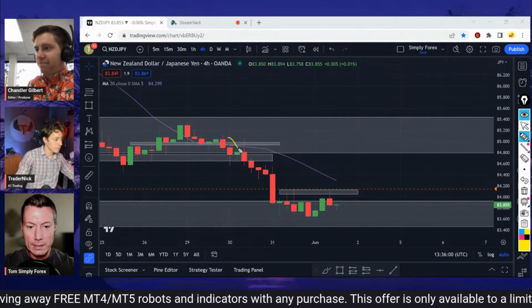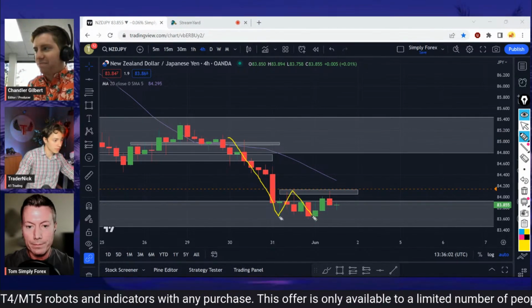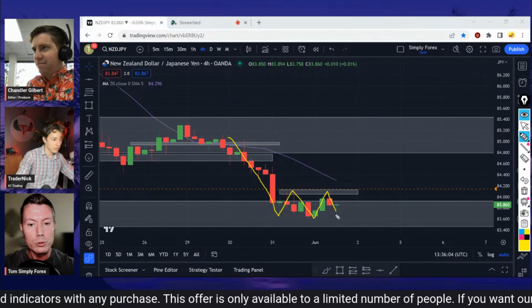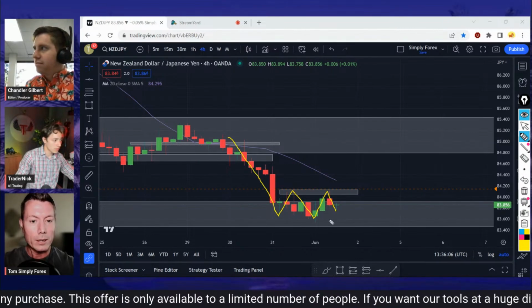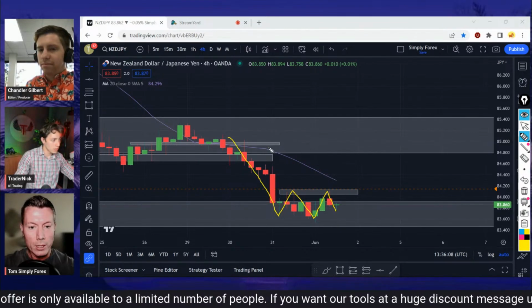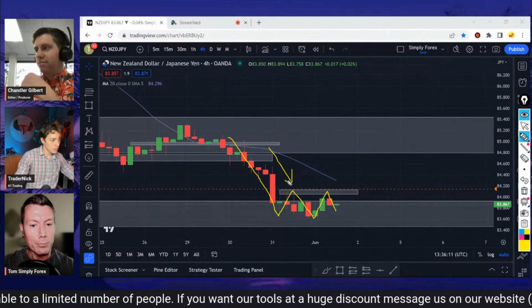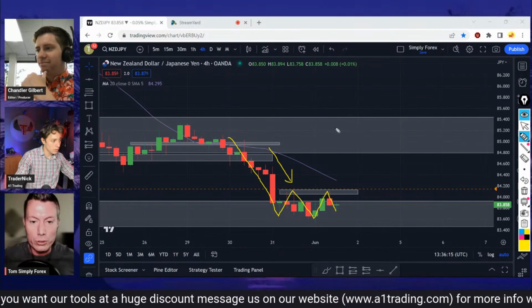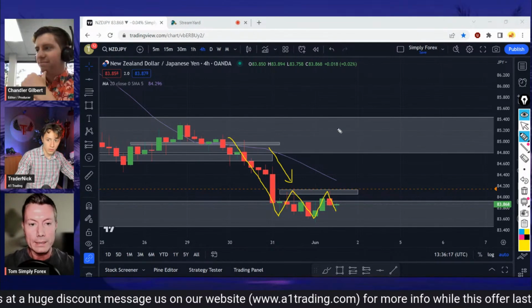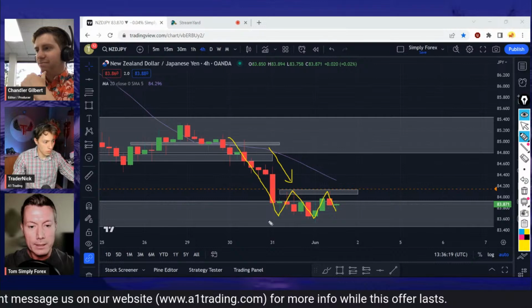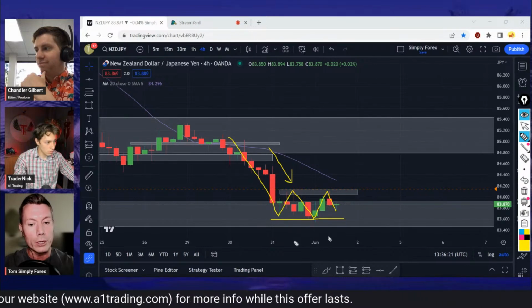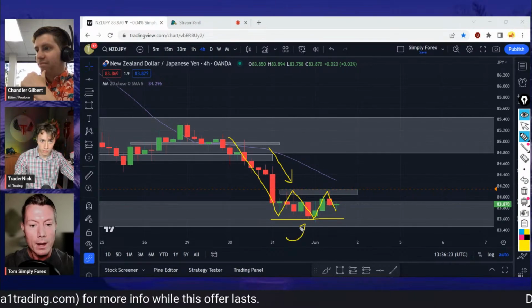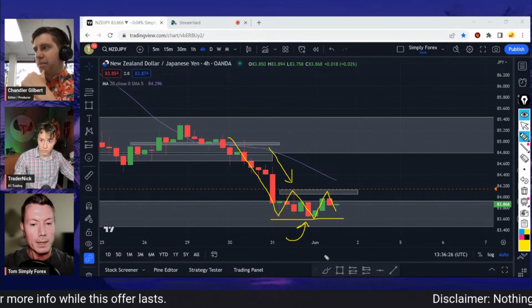So, there's this zone through here, guys. So this has become interesting. It's almost ranging. And I'll tell you why it's ranging, because we've clearly had a lot of selling pressure on this New Zealand yen from that day chart. You could see sellers were pushing this down, but it's got to a level of support. So there are buyers entering this market.